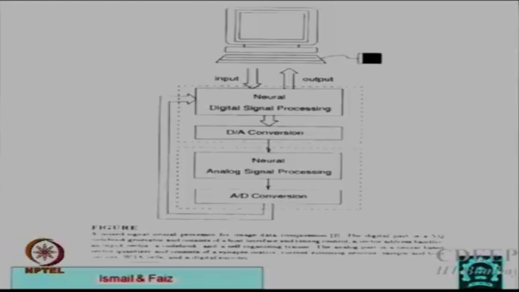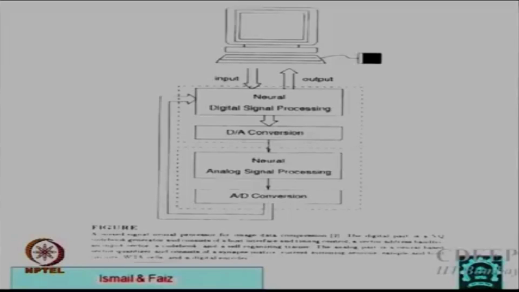So if you see it, the digital part has a vector quantizer, some codebook generators which come from PCs and through neural processors. Then there are a host of interfacing, timing control. Digital requires it, so does analog.